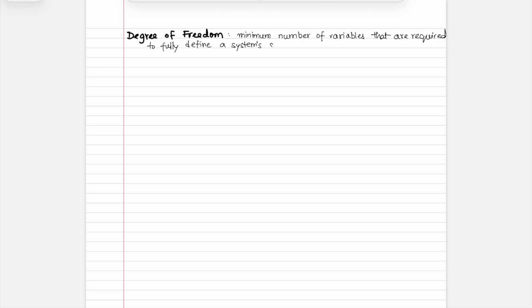Or I guess a system's state, wherein if you want to tell someone exactly what the system is doing, then you need to have information about its position, velocity, and so on.